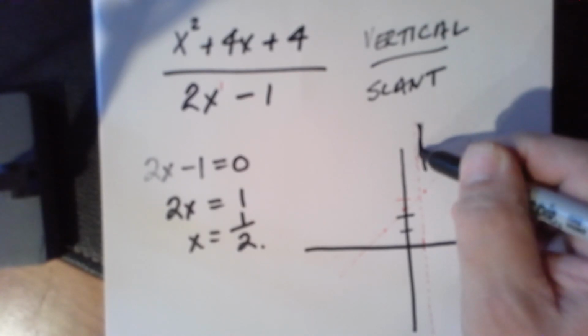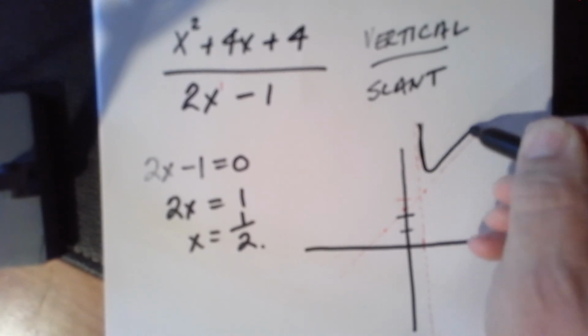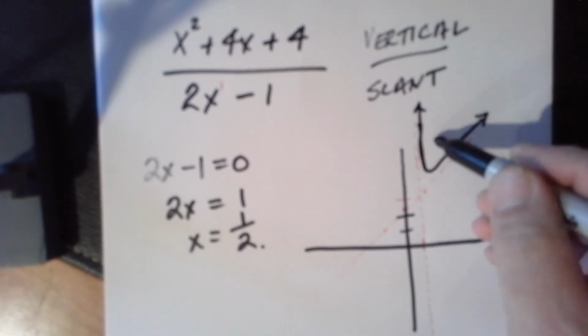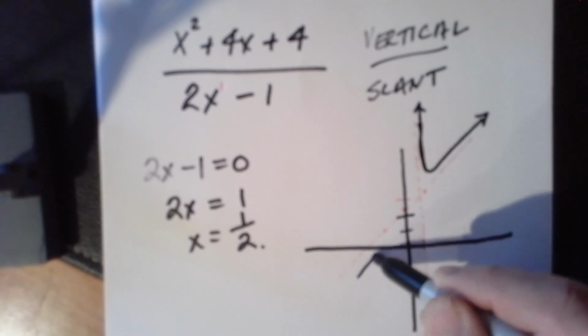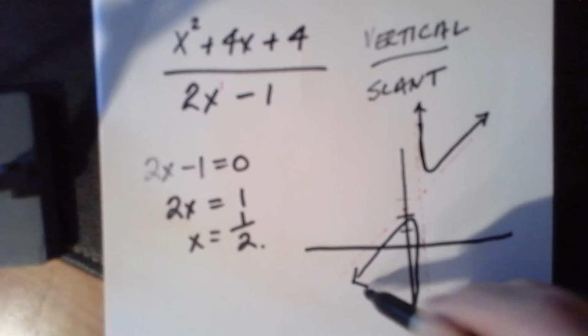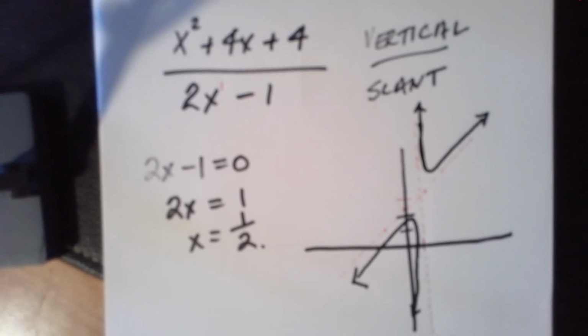And remember, graphs hug asymptote lines. So I have to have one here, and if I have a branch up here, I have one in the opposite as well. And there's my graph, guys. Right there.